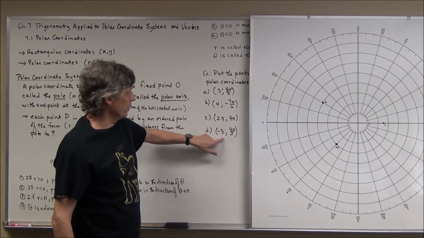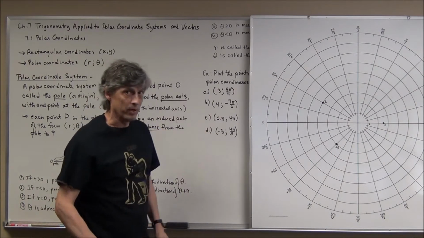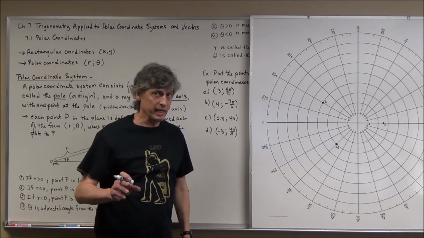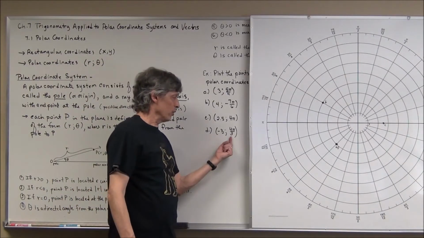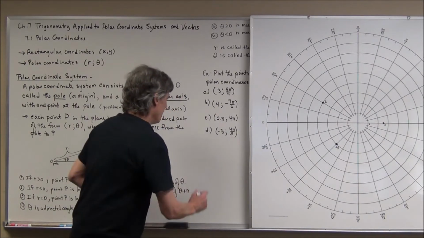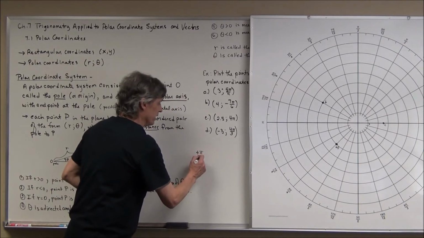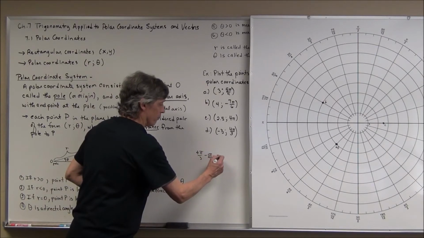Okay, one more to go here. This time it's got a polar distance that's negative. Now remember, if it has a polar distance that's negative, it's going to go in the exact opposite direction. It's as if you add or subtract pi to this. Now if I subtract pi, 4 pi over 3 minus pi, which is 3 pi over 3, would give me pi over 3.